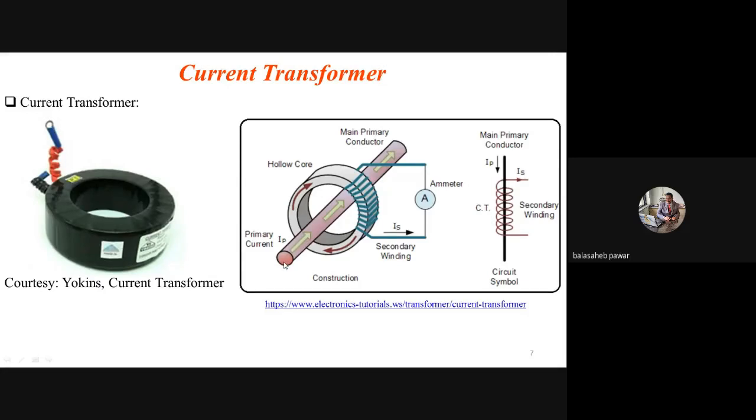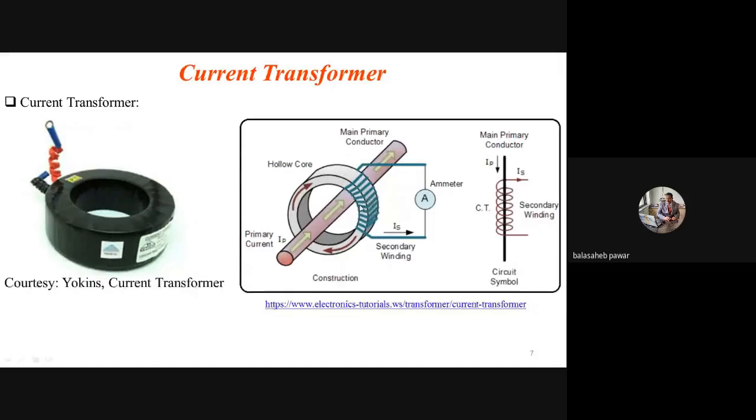That means the current flowing through the primary, in this case, will increase, and as current flow increases, the generated flux also increases around that wire. And whenever that generated flux increases, it will be absorbed by the secondary winding wound on that bobbin, and hence there is a flow of current through the secondary winding.